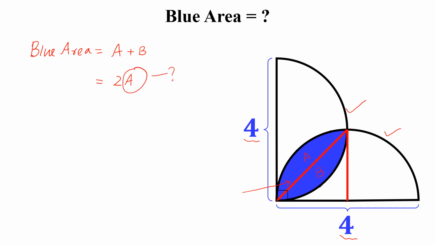We draw this line and this is the radius of this semicircle, which is 2. Now the required area A will be equal to the area of this quarter circle.